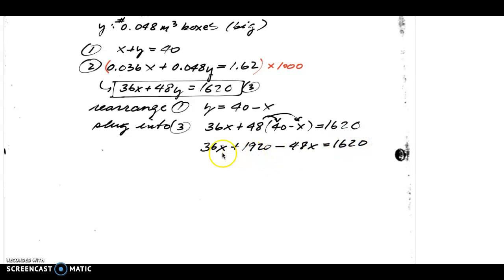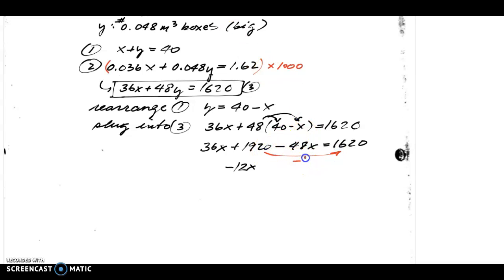So now notice I have 36 minus 48. That's just going to be minus 12x. But notice what I'm going to do. I'm going to move this one over to here.